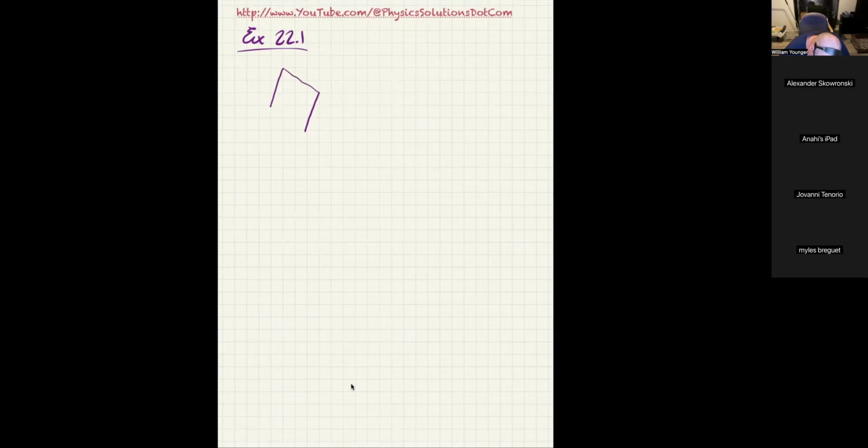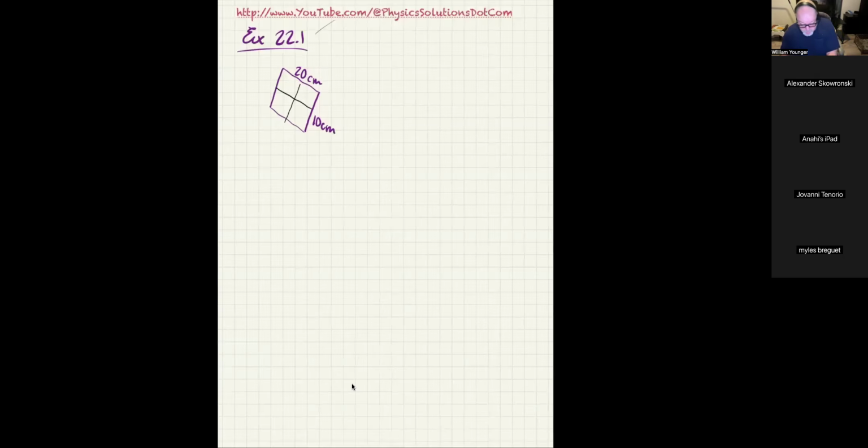So this is the little window we're talking about, and we're going to assume that maybe this side is 20 centimeters and this side is 10 centimeters. And then we're going to imagine that there's a vector that's perpendicular to this and represents this surface. Okay. And it represents this surface as follows.